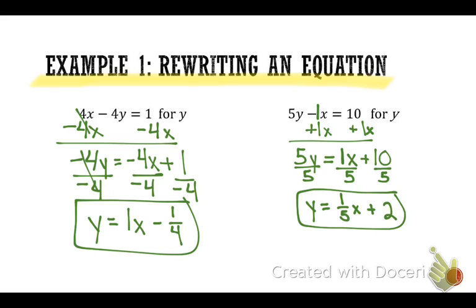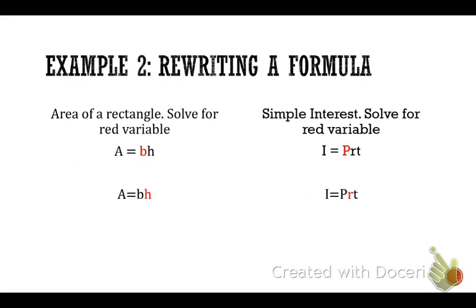Okay. All right, last example, guys. All it's trying to reinforce to us on this example is just identifying I can solve for any part of an equation if I just do inverse operations. So it's going to ask us to solve for different parts of it. Like on the first one, I know it's not color-coded on your notes, but look up here on the screen. It's asking us to solve for b. Okay, so if I want to get b by itself, I just have to do the opposite operation to get rid of the h.